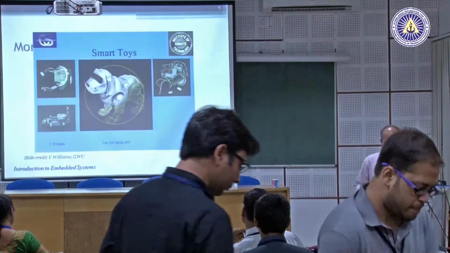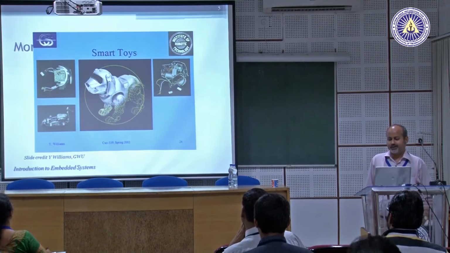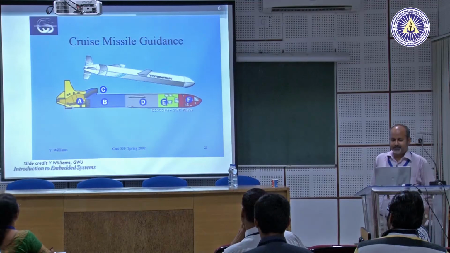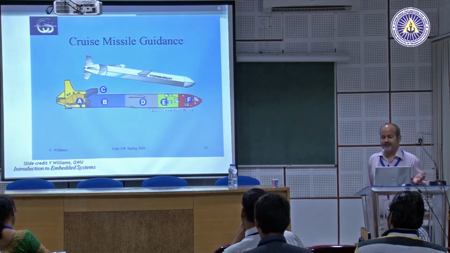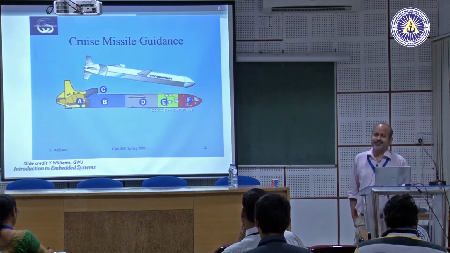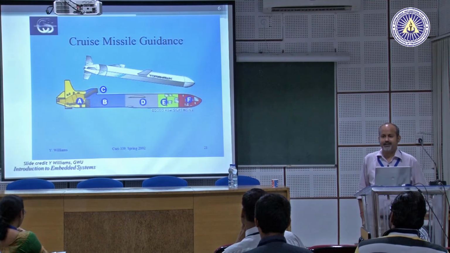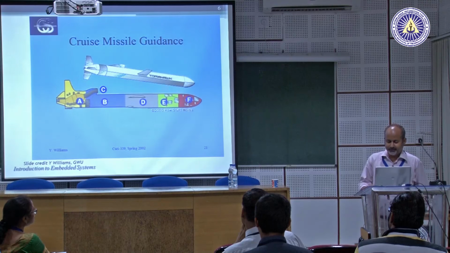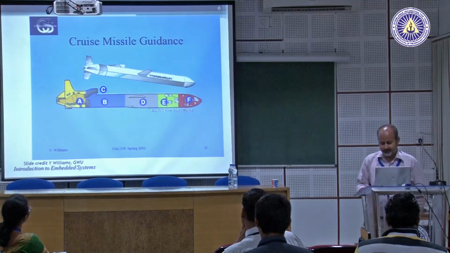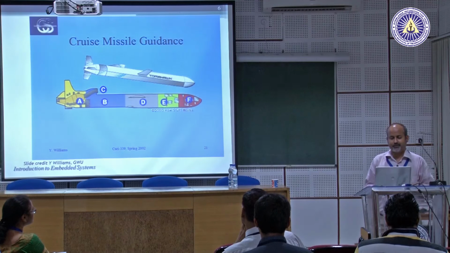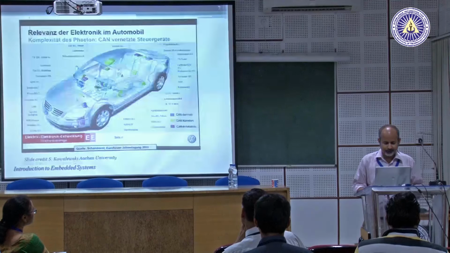Then you have all kinds of smart toys these days. Those are examples. Then on the other extreme, you have all the weapon systems of today, which are all embedded systems. This is an example of a cruise missile guidance system. It is an embedded system, but I will distinguish between some kinds of embedded systems and others very shortly.